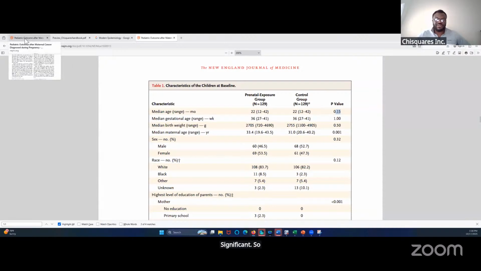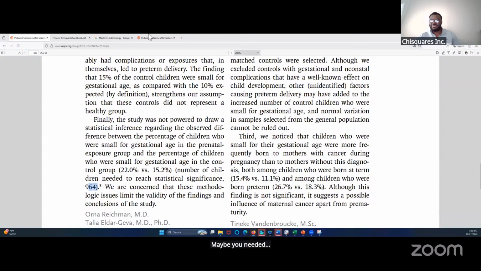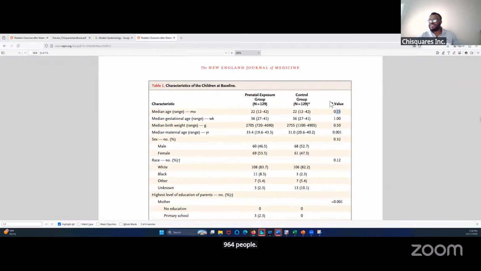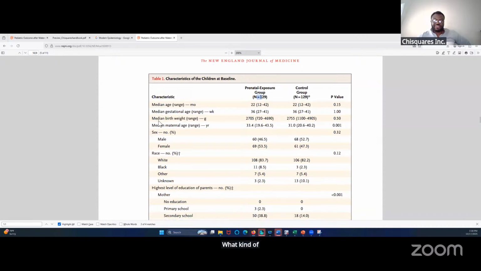So first of all, let's dissect that. What do we call a scenario where maybe you needed 964 people, but you ended up with, let's say, 260, and therefore you could not detect the difference? What do we call that? What kind of error is that?